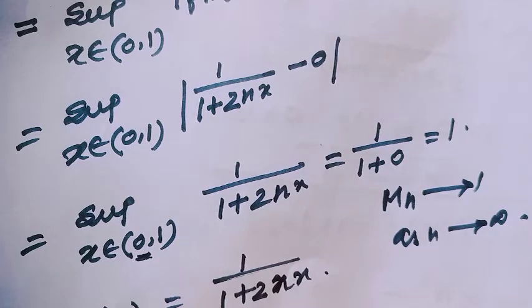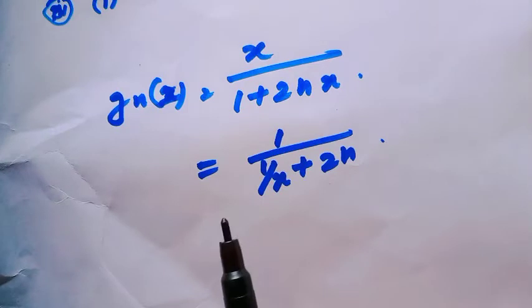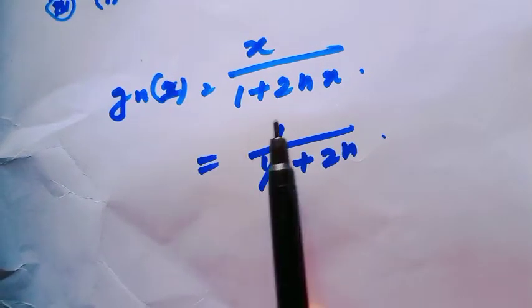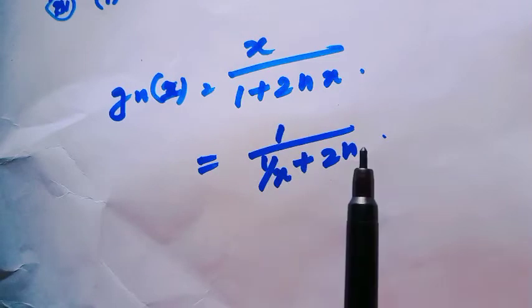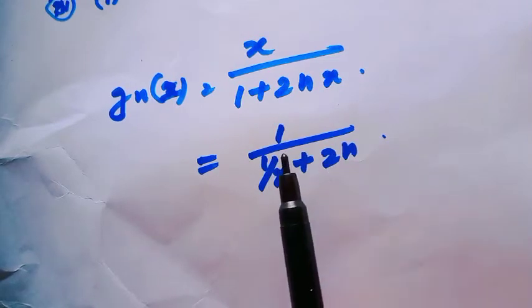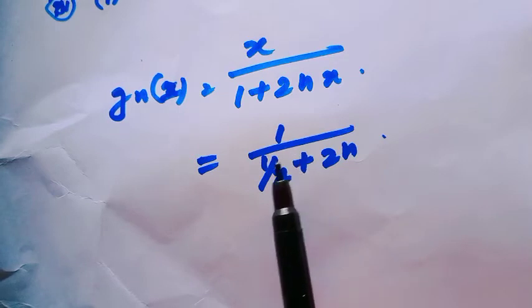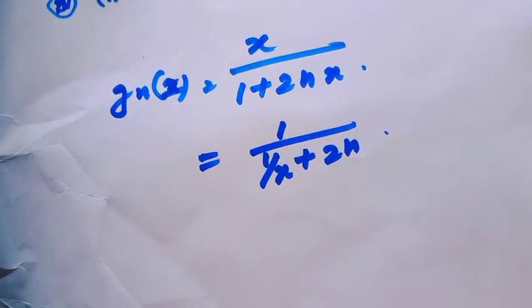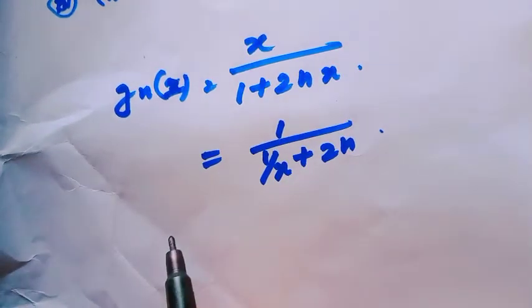Are you getting? Well. The next sequence of functions is g_n(x) equal to x over 1 plus 2nx. We can write this as 1 over (1/x plus 2n). At first we have to check the pointwise convergence.